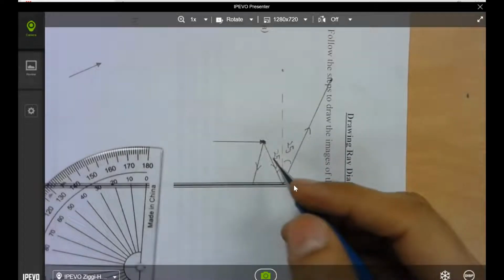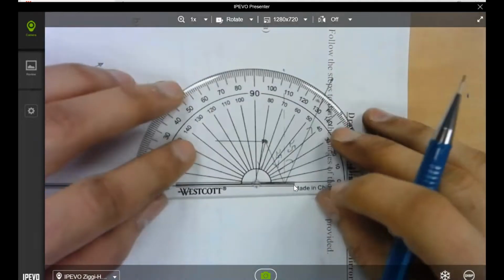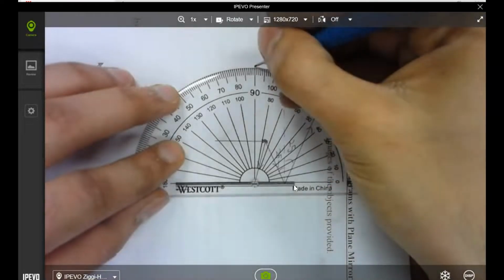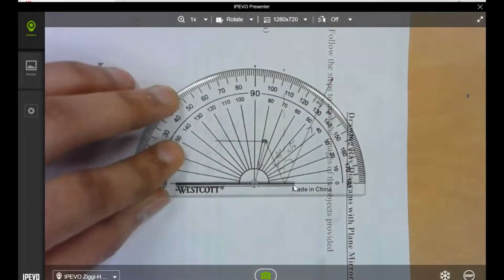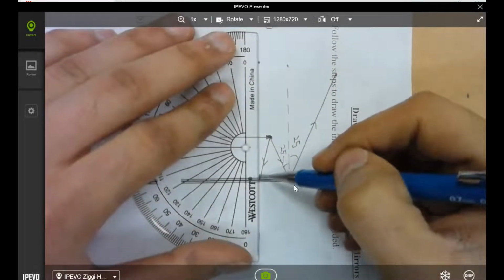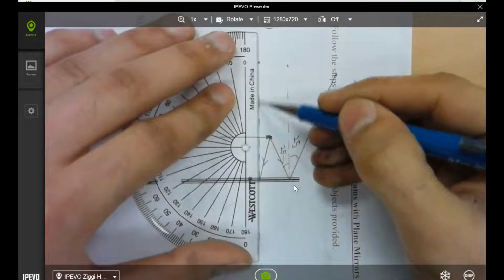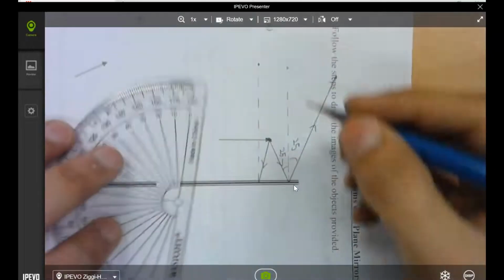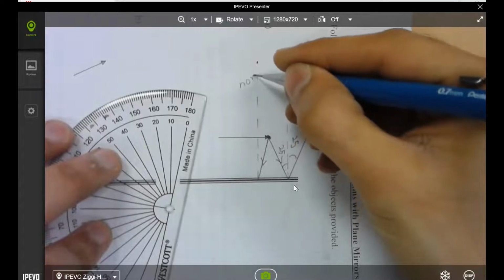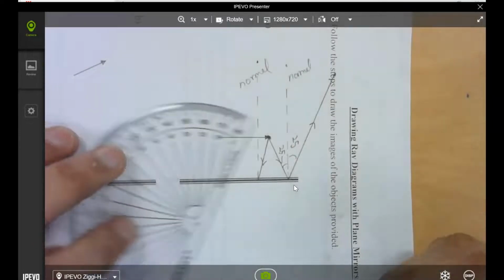Right? So again, point of incidence, I'm going to set my protractor up along the surface of the mirror and draw my normal, which is at 90 degrees. We're going to construct our normal like so. So this is normal. This is also normal. Right?